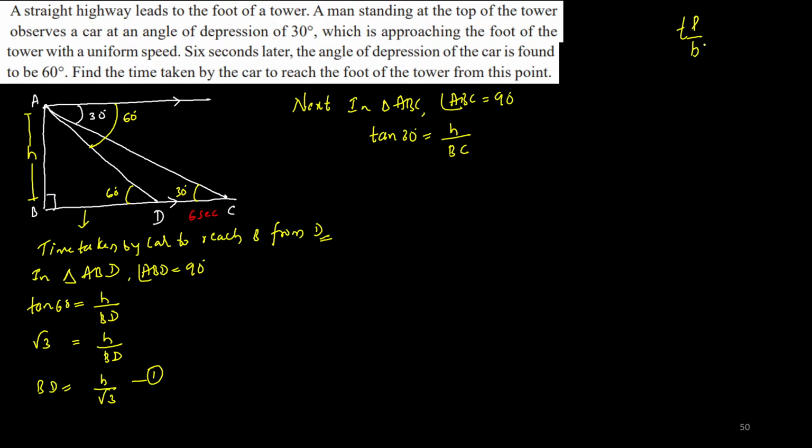So now I can say that tan 30 is 1 by root 3, equal to h by BC. So I can say BC is equal to h root 3. Clear? This much is BC. So now I want to get how much DC is.